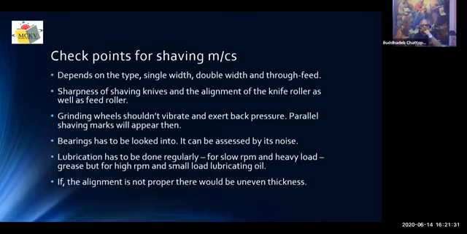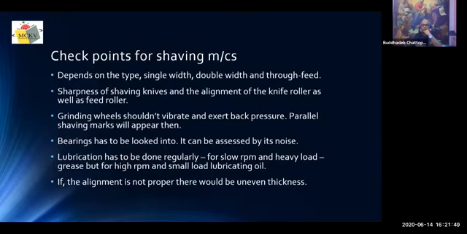Lubrication has to be done, and the rule of thumb is that for slow RPM and heavy load, grease has to be used, but for high RPM and small load, lubricating oil has to be used.